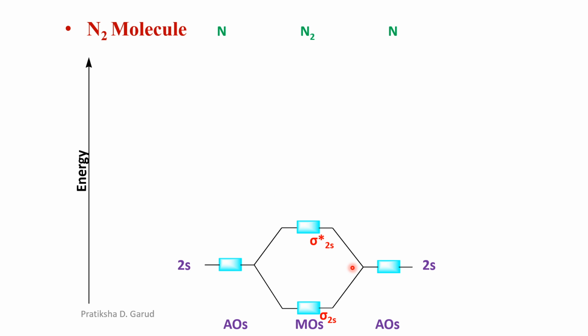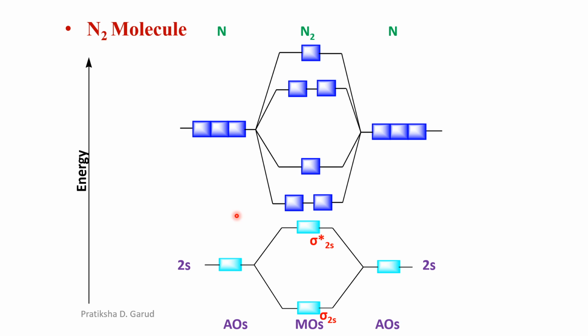Then the second MO energy level diagram will be for the 2p: 2p of the first nitrogen, 2p of the second nitrogen. Again, there are a total of 3 plus 3, 6 atomic orbitals. There should be 6 molecular orbitals. Lower 3 will be bonding, upper 3 will be anti-bonding. So the degenerate pair is the pi 2py and the pi 2pz, and next is the sigma 2px.